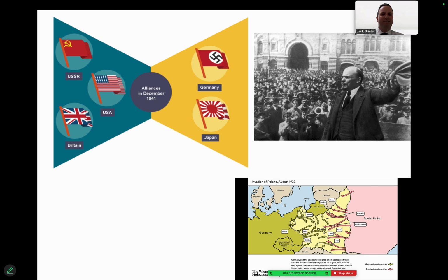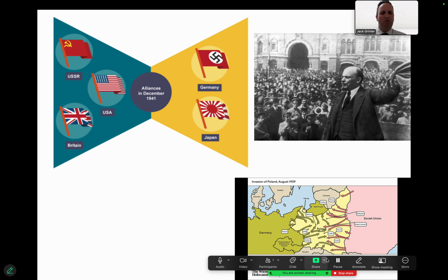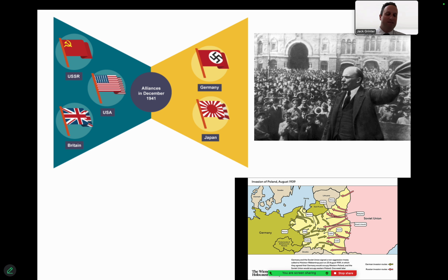And the history of this is quite interesting because you might not be aware that when the Communist Revolution took place, at that time it was called Russia, led by Vladimir Lenin, Britain and the USA actually supported the groups that were opposed to the communists. There was a civil war between around 1918 and 1921 between the whites and the reds.